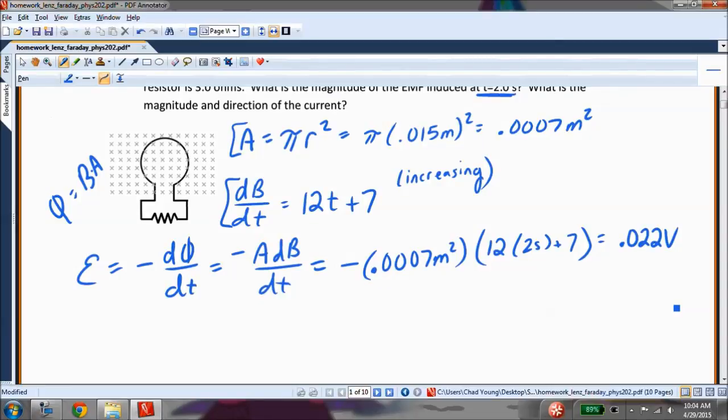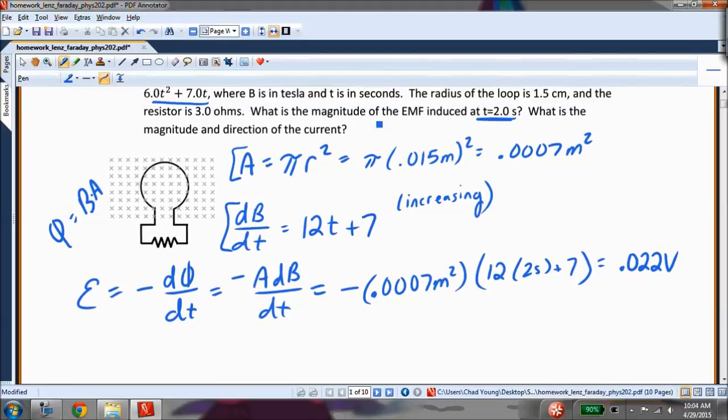That's the EMF provided by this changing magnetic field. Now we want to find the direction. So the magnitude of the EMF is 0.022 volts. Now I want to know the magnitude and the direction of the current. Well, the magnitude is easy.